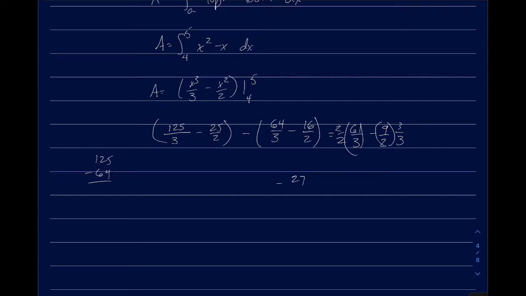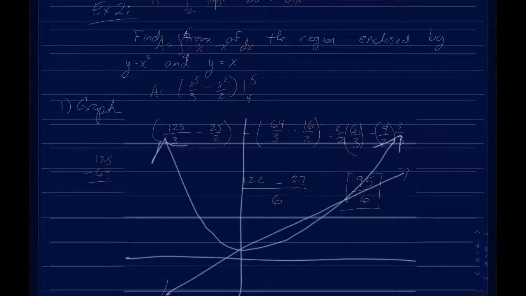So it's going to be minus 27, and then 122, all over 6. And so 122 minus 27 is the same as 100 minus 5, so 95 over 6.